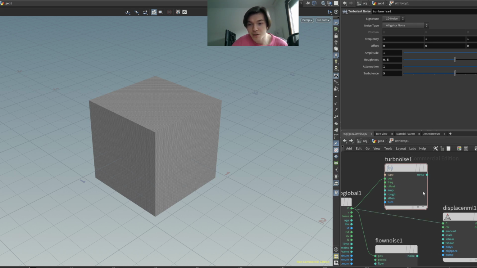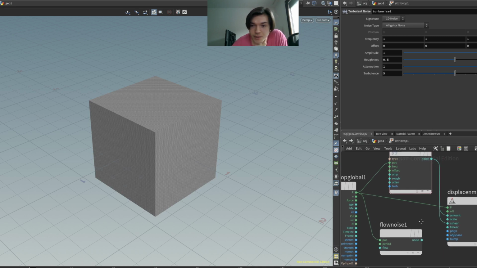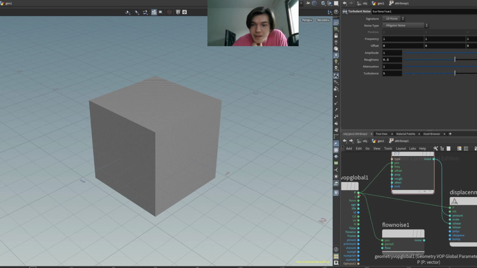Maybe also the P goes inside there and the noise goes inside the amount, or then in the scale, or the shear, the type of noise. Can I? No, apparently I can't do this. I actually thought that I knew how to do this. P is actually a vector, and position is also a vector, so this should work.